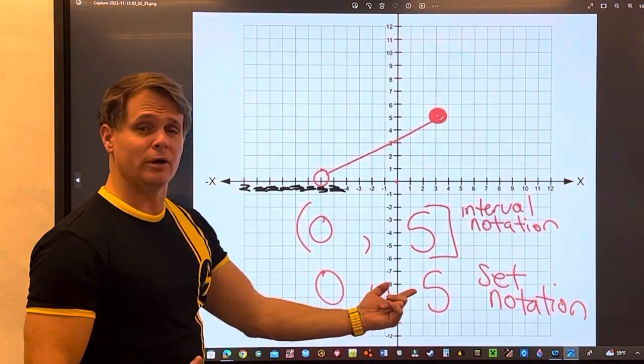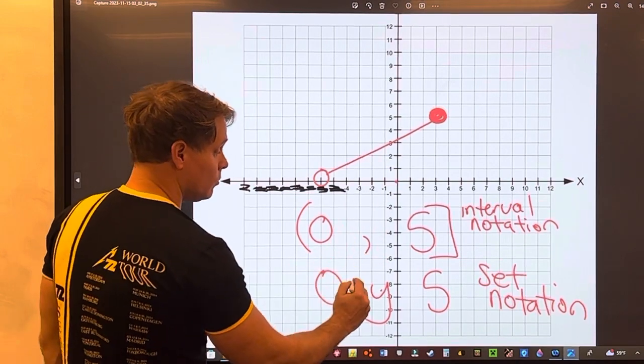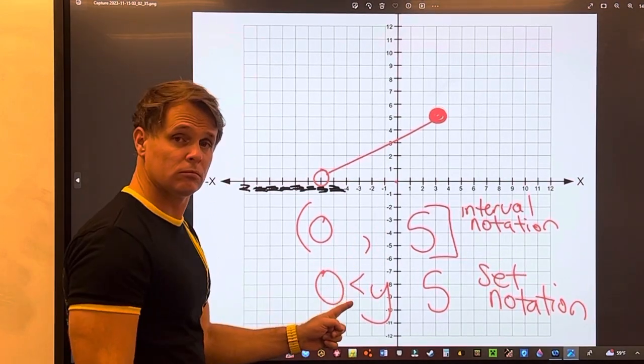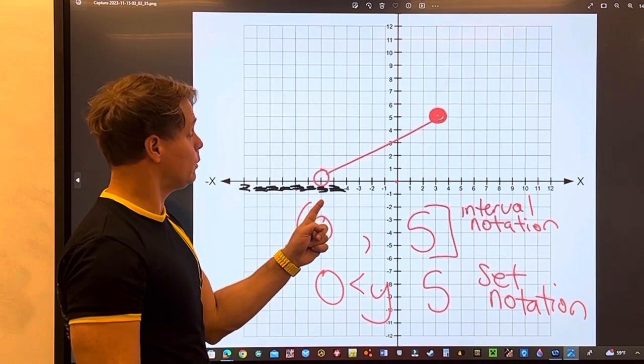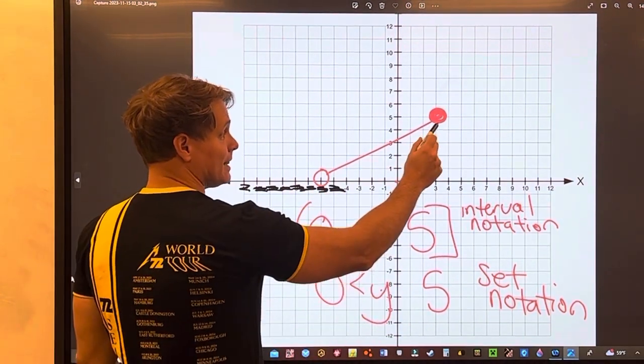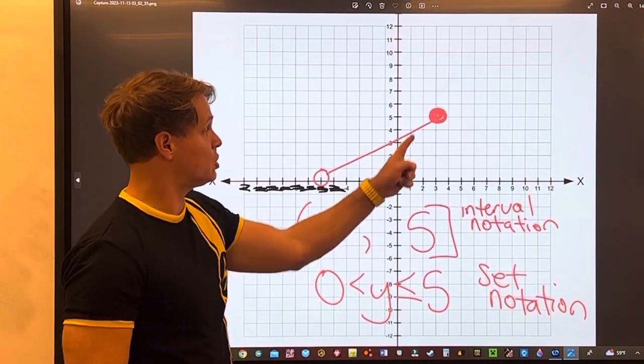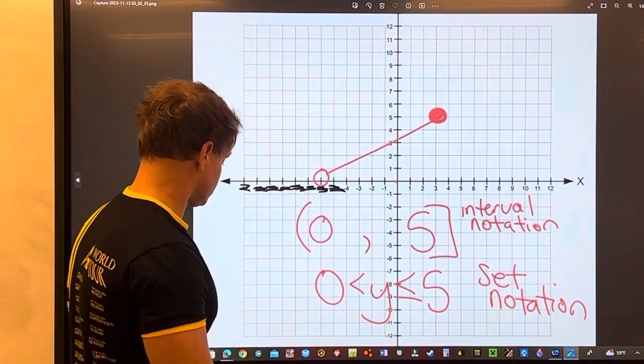So what am I going to put here? Y is a number that's bigger than 0, greater than 0. It's not greater than or equal to because it's an open circle, but y is also a number that's less than or equal to 5 because it's a closed circle.